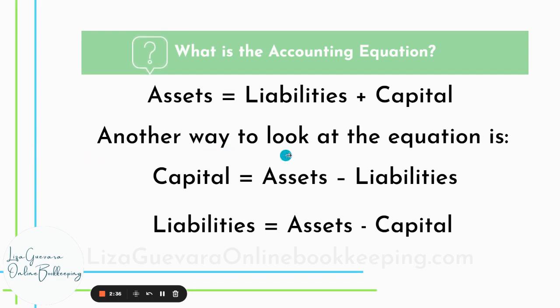Another way of looking at the equation: if liabilities is unknown, you should subtract the capital from the assets, so you will have your liabilities. Since this is an equation, you can derive the unknown from these three items.